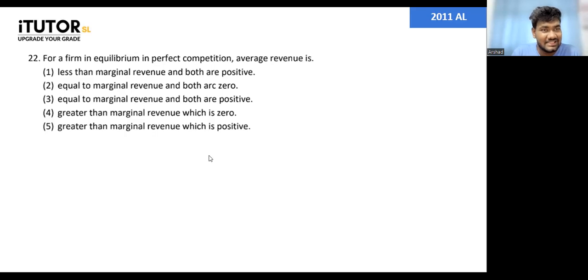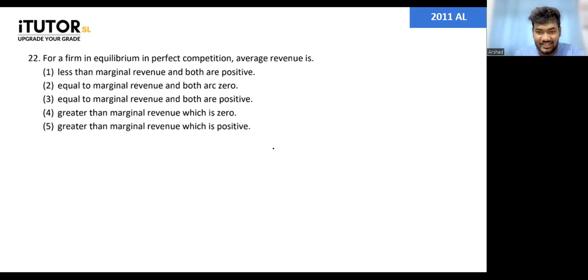Is MR equals MC equilibrium? Yes, equilibrium in perfect competition is where the firms are earning normal profits. That is where you say the market is properly in equilibrium. When the firms are earning normal profit. So MR equals MC, and the firm is earning a normal profit as well.